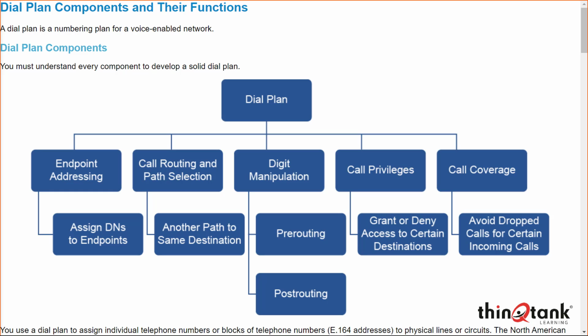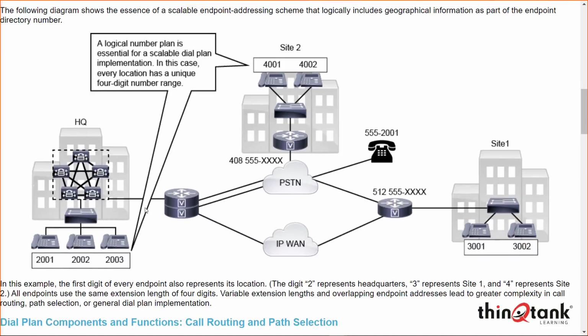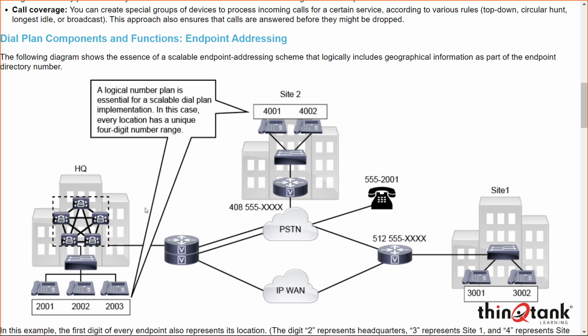All right, now what about endpoint addressing? When I'm thinking about endpoint addressing, this diagram describes exactly what we need to consider when it comes to identifying our endpoints. They're using a 4-digit dial plan here. We have 3 different sites, so technically we wouldn't have to use a 4-digit dial plan, but a lot of people have standardized on either a 3-digit or a 4-digit dial plan in most enterprises.